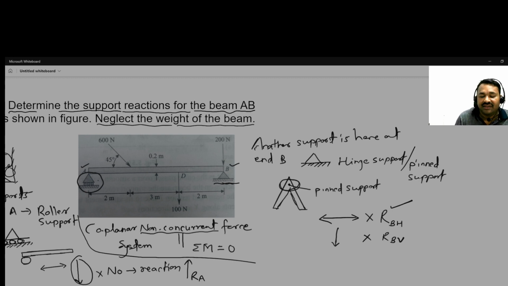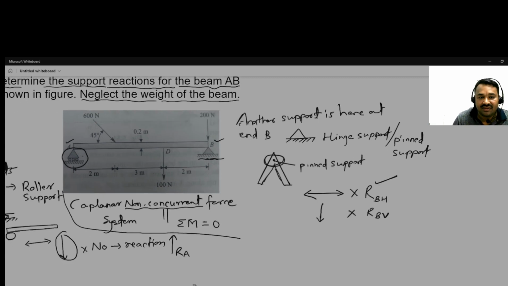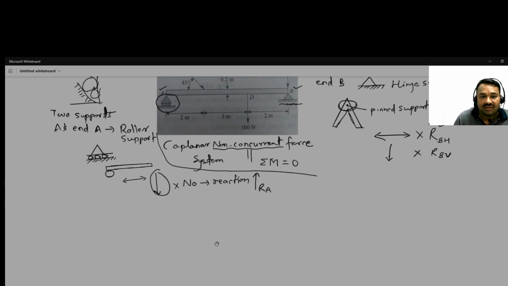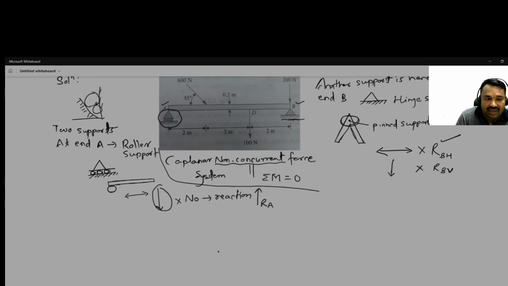So in this way we replace the supports. As we know, we draw the FBD, and we have removed the supports.